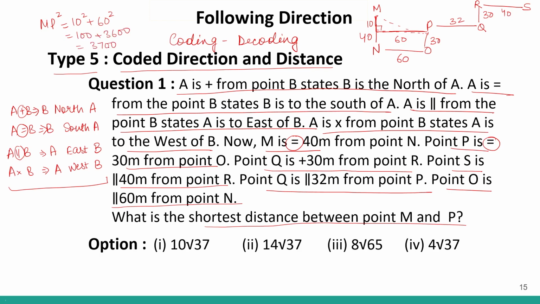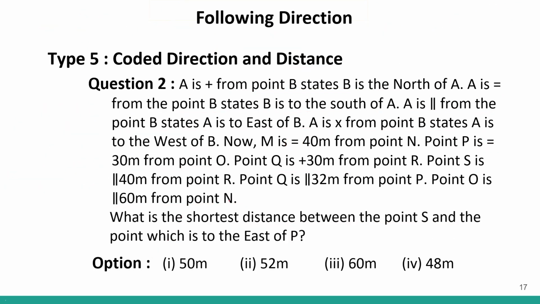This will be 3700. So MP will be under root of 3700, which is 10 under root 37 meters. So our answer will be 10 under root 37, which is option number 1.